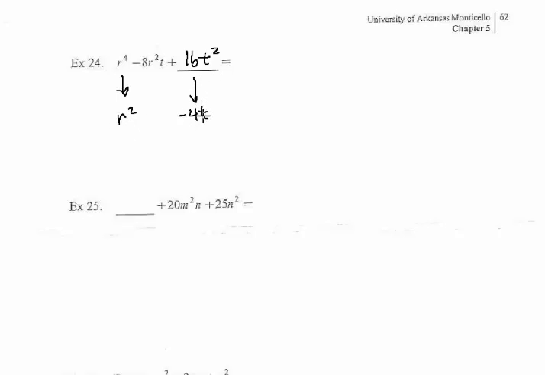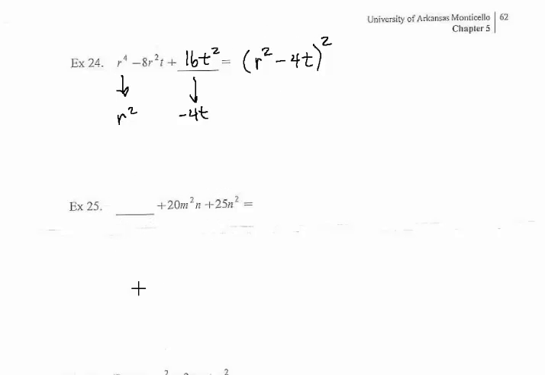Now that we know what the two square roots were, we simply put them together and make a binomial, and we put that in parentheses and we square that binomial, because by definition a perfect square trinomial is a binomial squared. So this is the missing term, and this is how we would factor it once we write in that missing term.